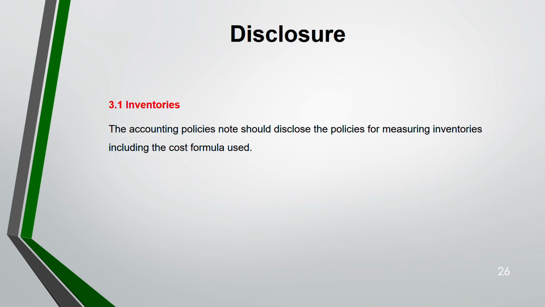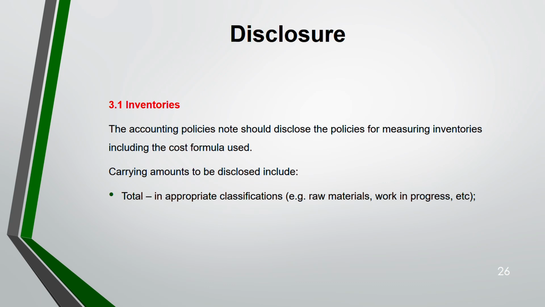Now, disclosure. The accounting policies note should disclose the policies for measuring inventories, including the cost formula that is used. Whether you have used FIFO or weighted average has to be disclosed. So the carrying amounts to be disclosed include the total. Okay, that means raw material, work in progress.